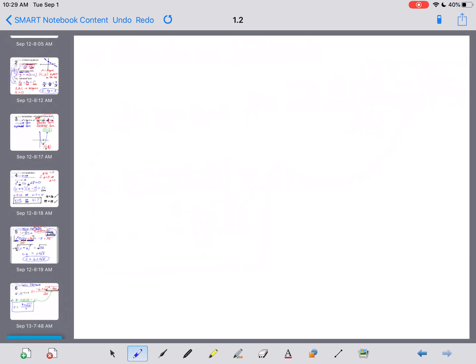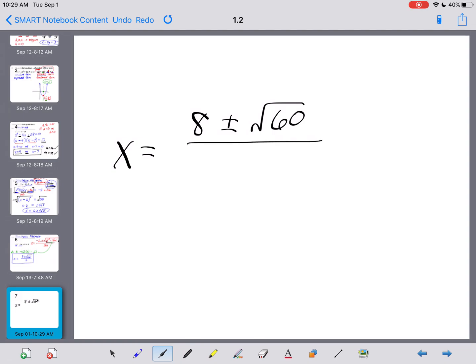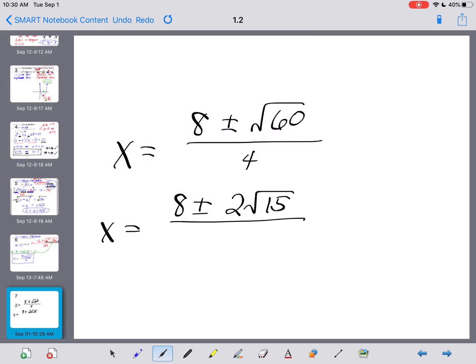Let me just give you a quick hypothetical of when you might have to do more work. What if you ended up with something like x is equal to 8 plus or minus, let's go the square root of 60. Let's do that, and let's put that all over 4. In this case, you would need to simplify the square root of 60, which is, let's see, that's 4 times 15, so that becomes 2 root 15 all over 4.